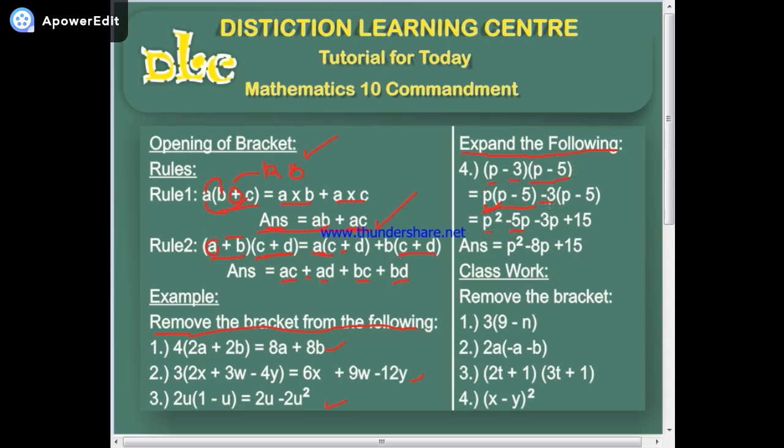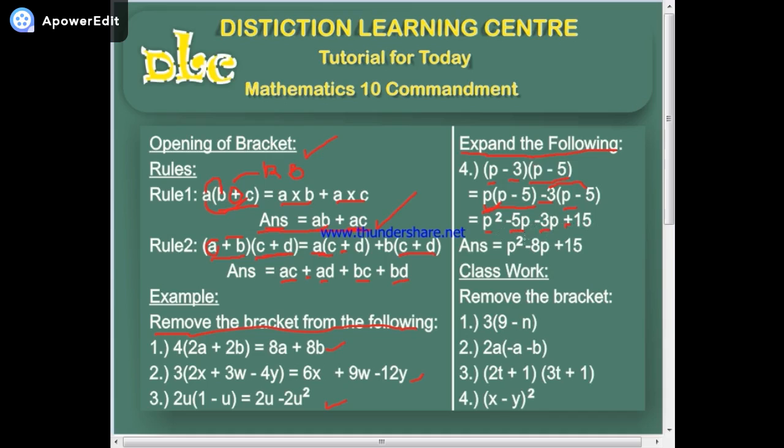Again, you now use this minus 3 to open this bracket too, which will be minus 3 times p, that is minus 3p. And minus times minus will give you plus. And 3 times 5 will give you 15. So your answer will be p square minus 5p minus 3p plus 15.